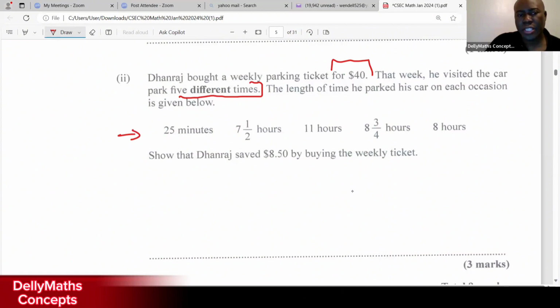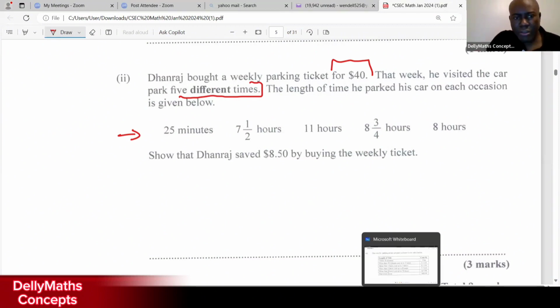Now they said, show that Sunraj saved $8.50 by buying the weekly. So we're going to have to match these times back to see how much money it would have cost, find the total, and then we'll see the difference. So let's take a look.